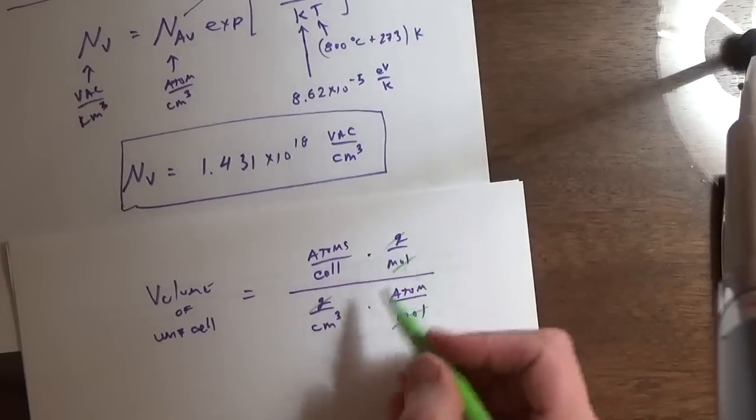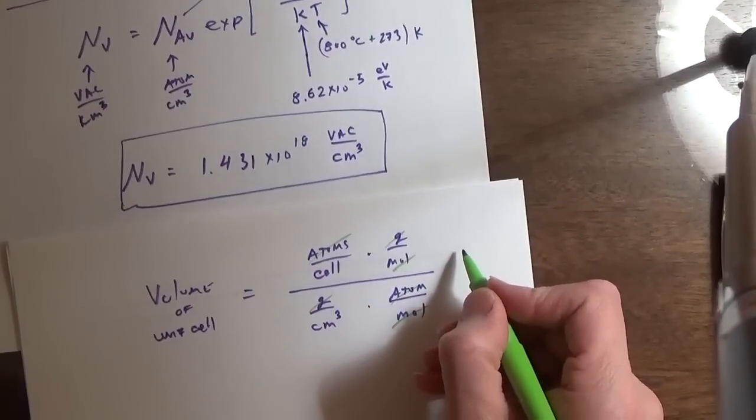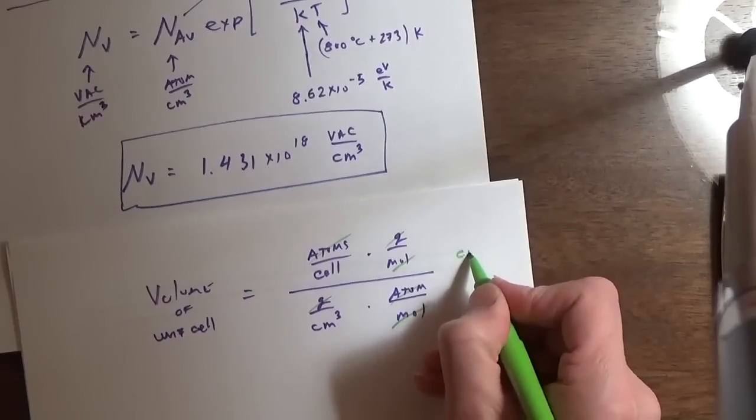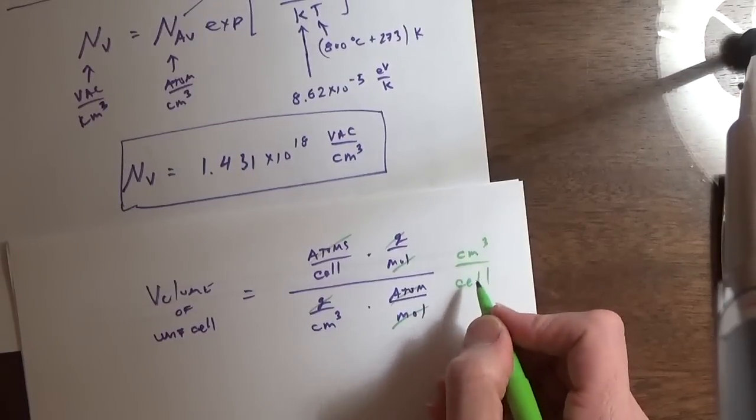Moles go away, grams go away, atoms go away. This is going to be centimeter cubed per cell.